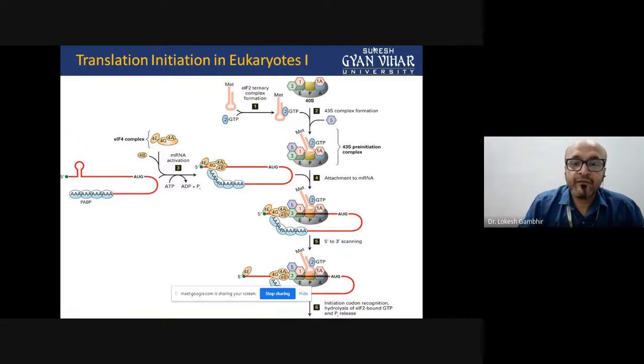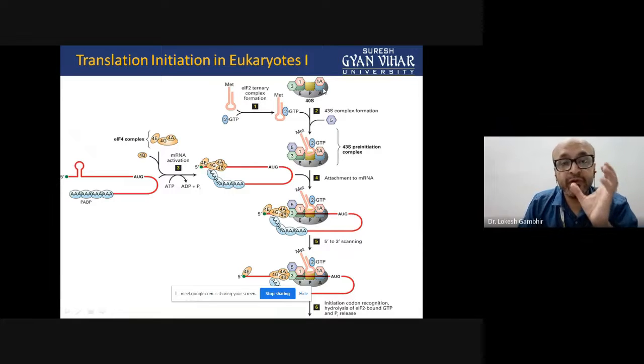1 and 1A will come and bind on the E and A sites respectively. Why? Because I told you that the first aminoacyl tRNA, that is methionyl tRNA, will always bind to the P site, and all the other remaining aminoacyl tRNAs always come to the A site.